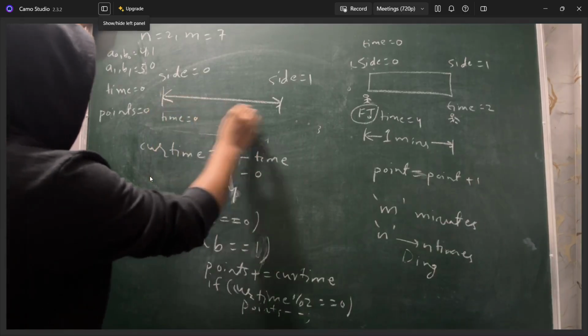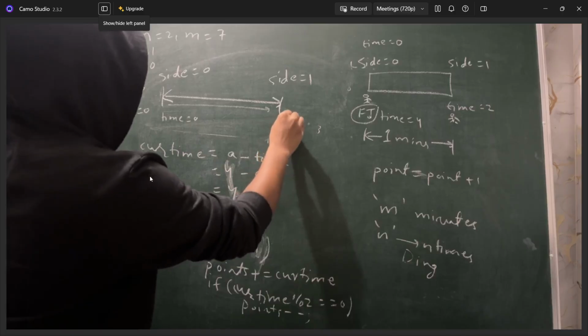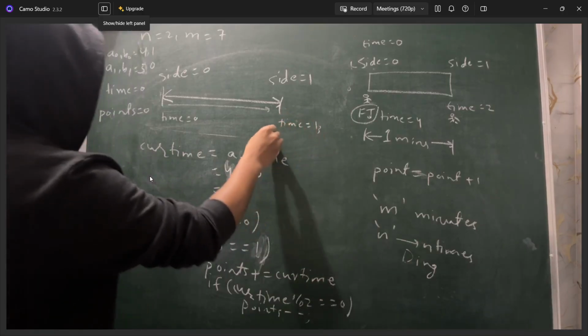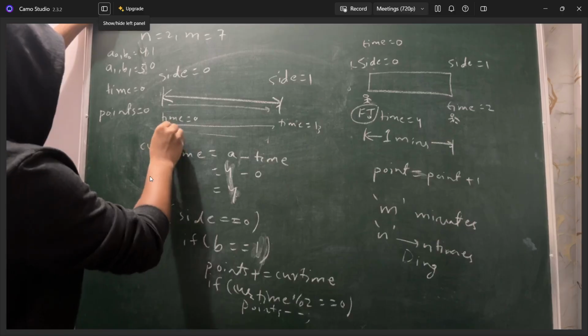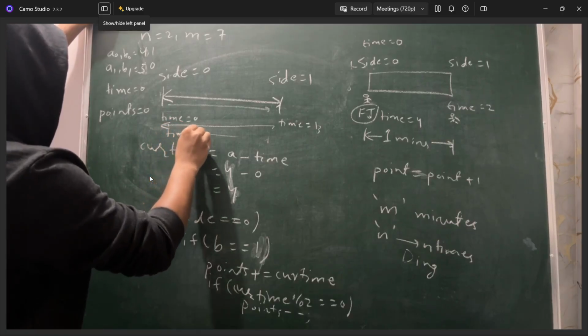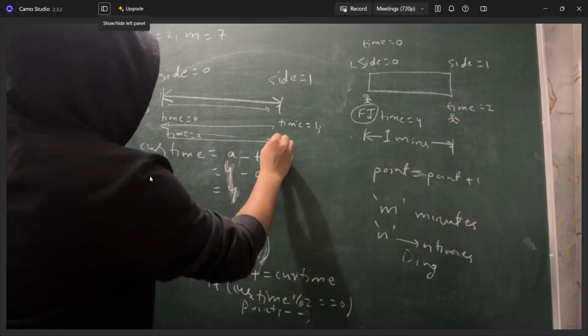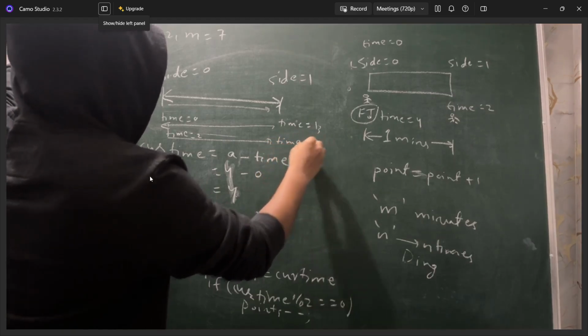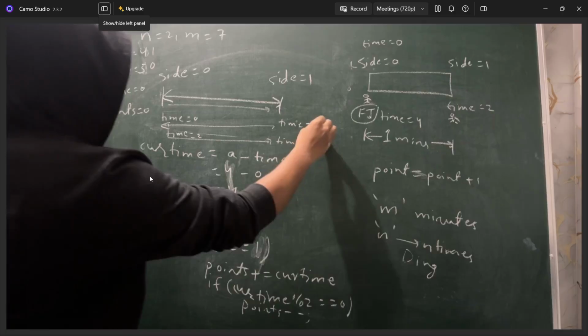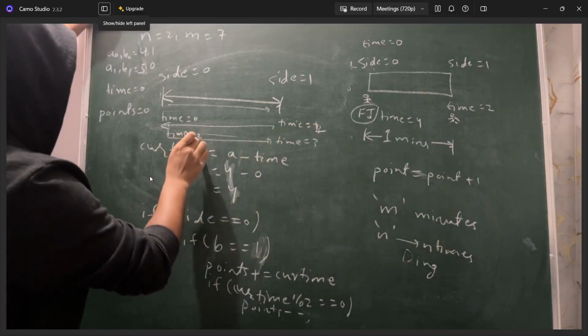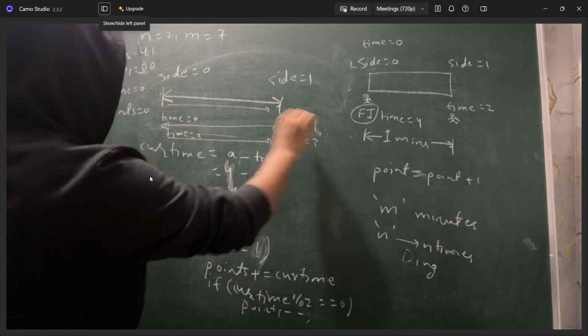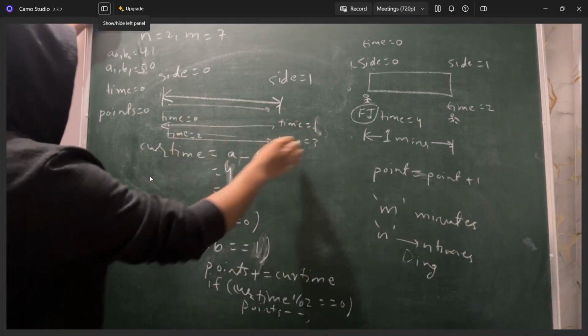Now let's say you moved to this position, time is 1, because you want to maximize the points. Now time is 2, you moved to this position, again you will be moving back, time is 3, but you can't move. Sorry, this was 1, not 2. From 0 to 1, 1 to 2, 2 to 3.